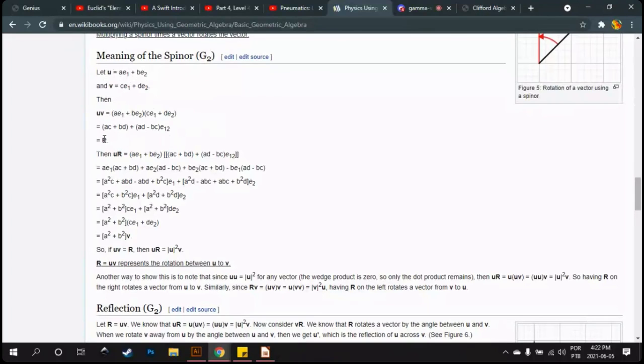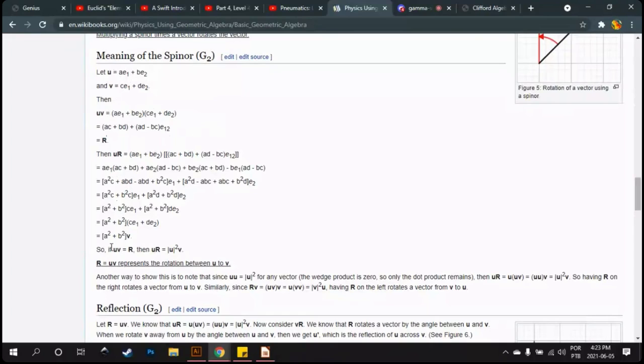But more interestingly, it's equal to R, which is the spinor. And if you multiply U by R, you end up with the same thing again. So if you multiply U and V, the two vectors, you end up with the rotor or the spinor.